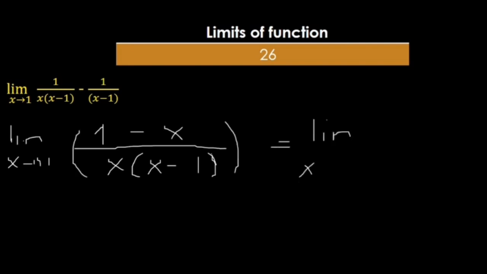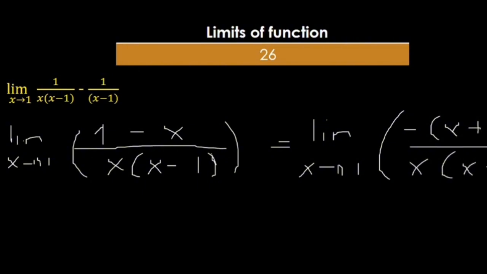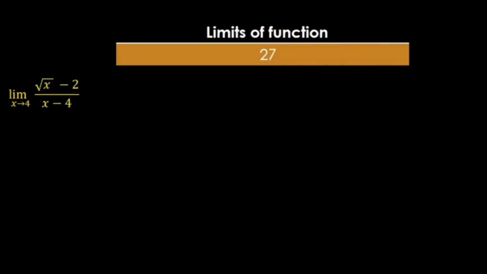Limit as x tends to 1 of what? Minus x plus 1 all over x into x minus 1. So there's minus x minus 1. Sorry for this, I tried making error this time. x minus 1. Okay, because we wrote down this and this will cancel out.